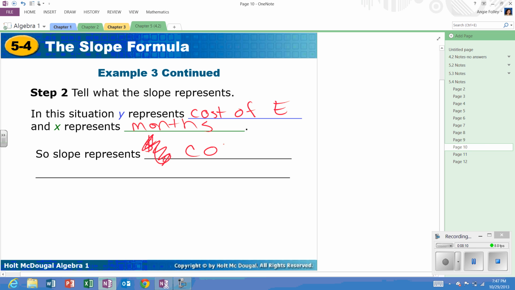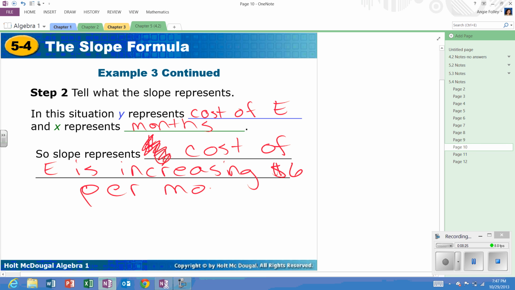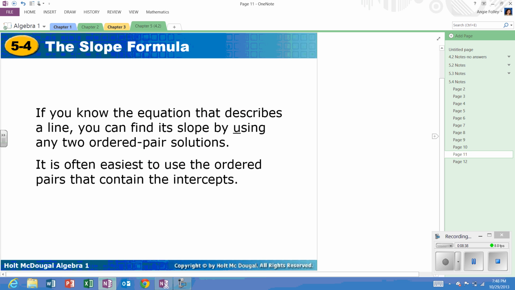The cost of electricity is increasing, because it's positive 6, $6 per month. Because remember, slope is a rate of change with our y values on top divided by our x values. So it's cost per month, and we got $6 is the cost that electricity is increasing every month.